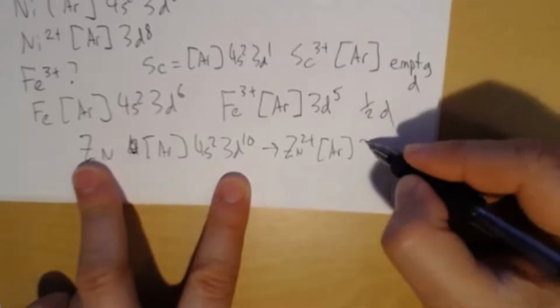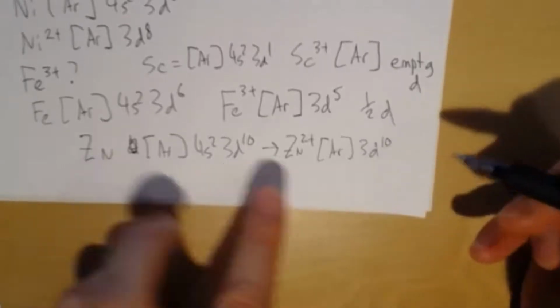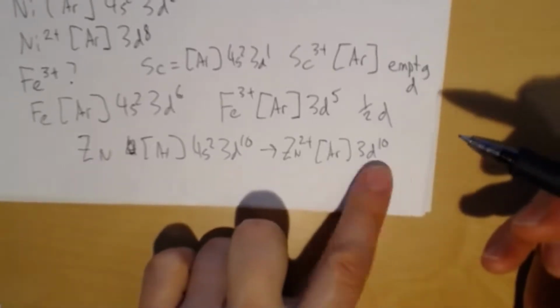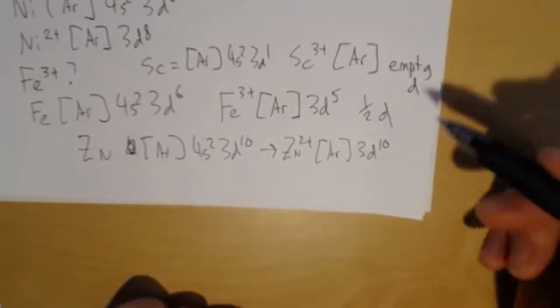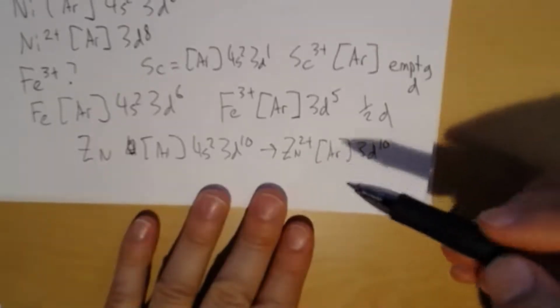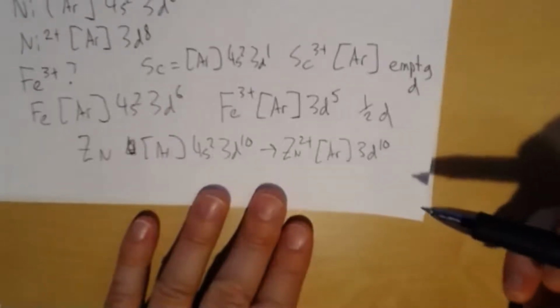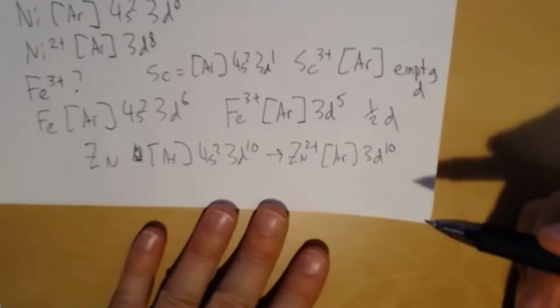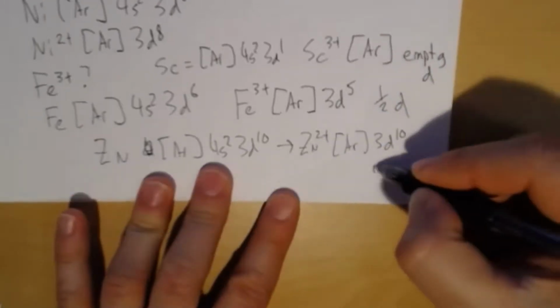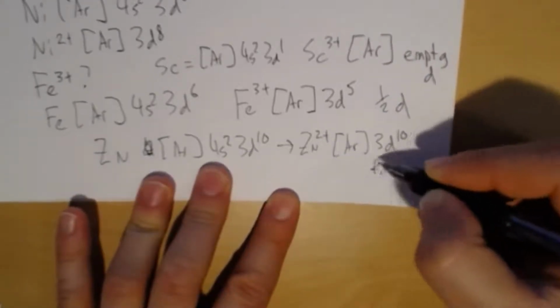Argon 3d10. And with argon 3d10, I've finished the third energy level. That's very, very stable, because in the third energy level I can have an S, a P, and a D, and now I've filled all of them. There's no 3F. So this is having a full D.